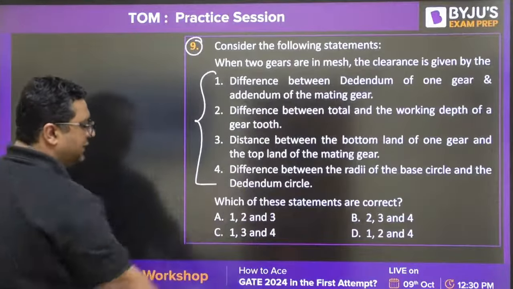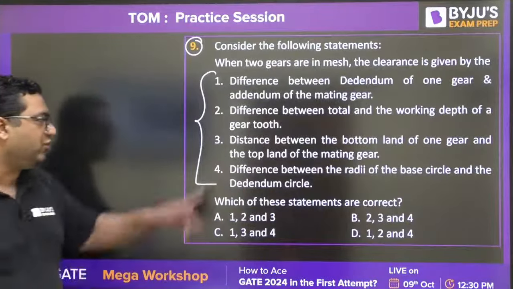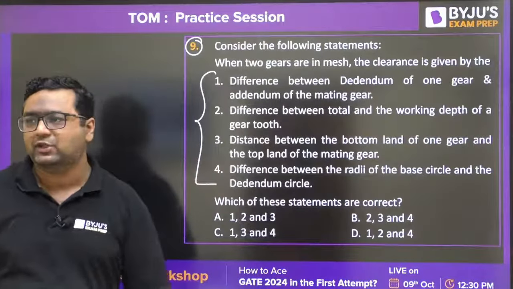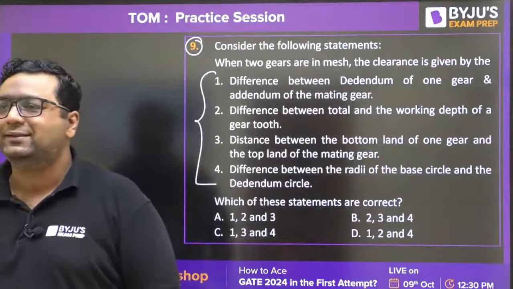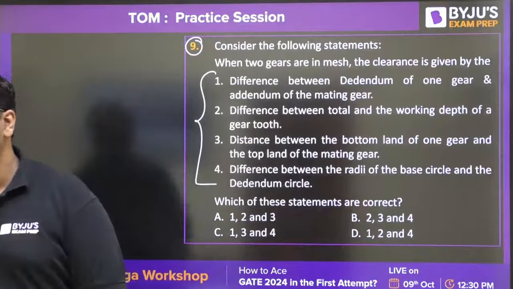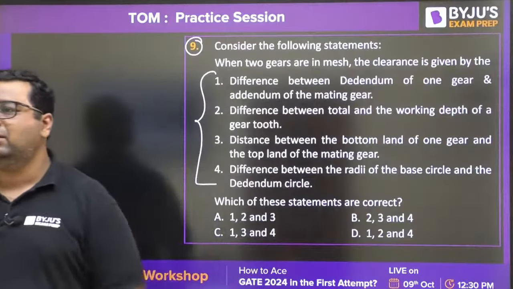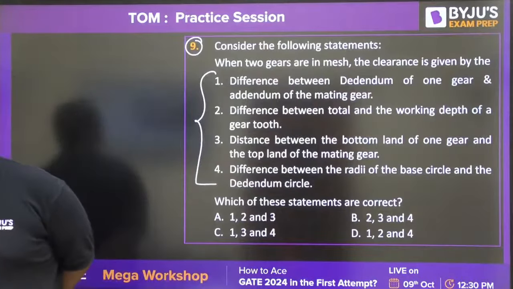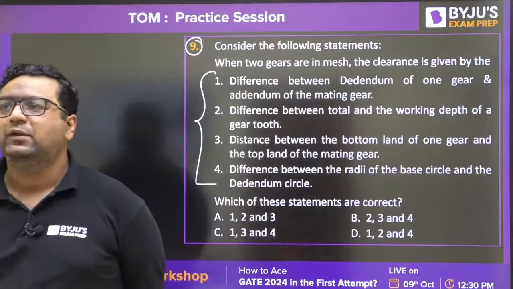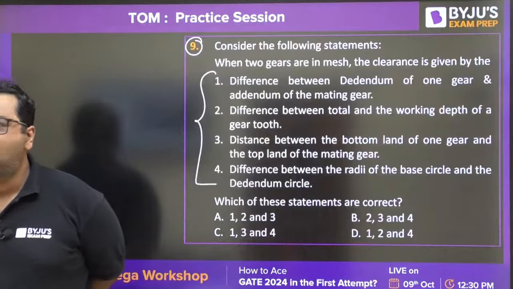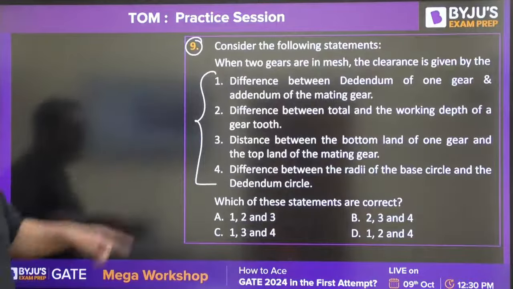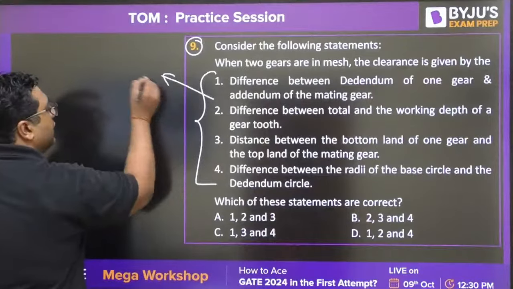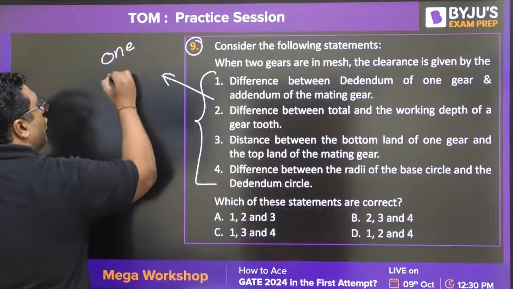If you find this one wrong statement, you will give the right answer. Baldev is saying the second is the wrong statement. Out of these 4, there is one wrong statement.